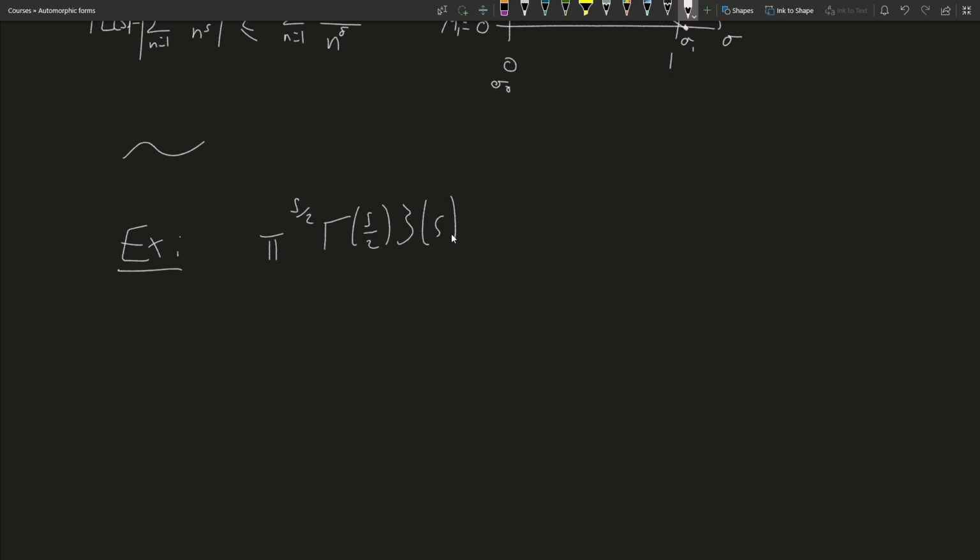I believe this is right, let me check very quickly. Yeah. We're going to define this to be lambda of s, and this is equal to lambda of 1 minus s. This is the functional equation.